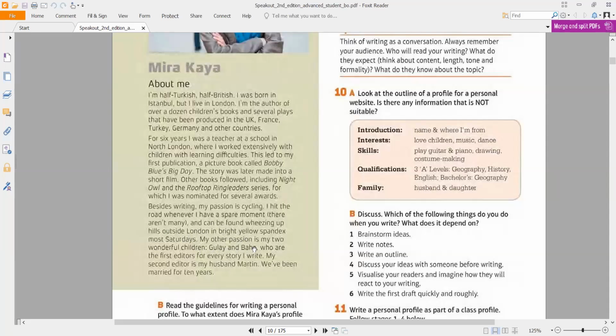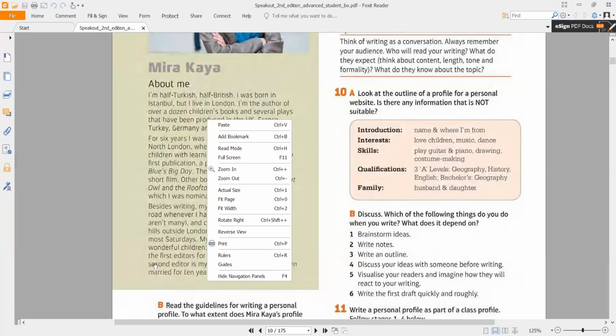My other passion is two wonderful children, Chloe and Baha, who are the first editors for every story I write. My second editor is my husband, Martin. We've been married for 10 years.